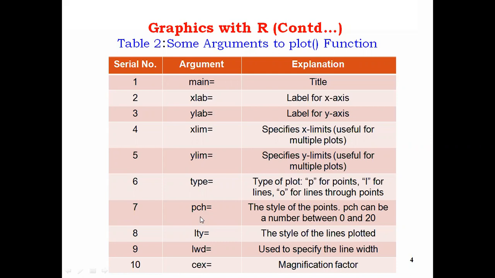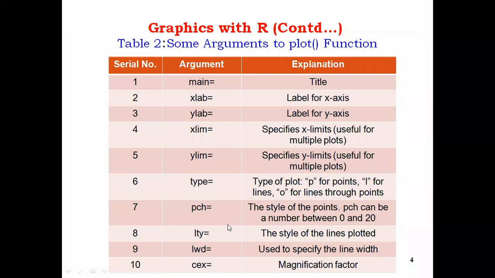Okay. Then PCH. PCH means the plot character, P for plot, CH for character. Serial number 7, PCH is equal to the style of the points. This can be a number between 0 to 20. It can go up to 25, but we can generally consider 0 to 20.